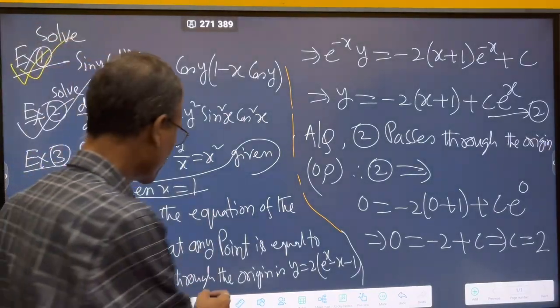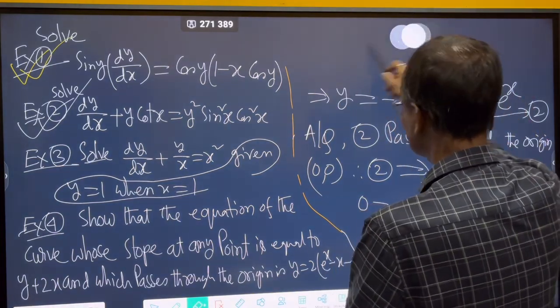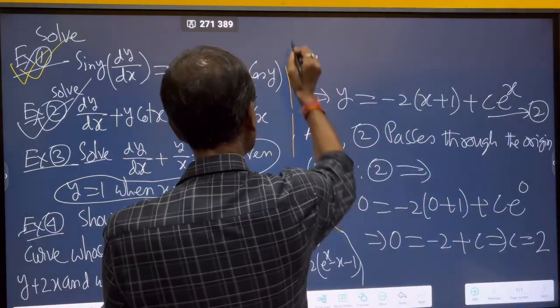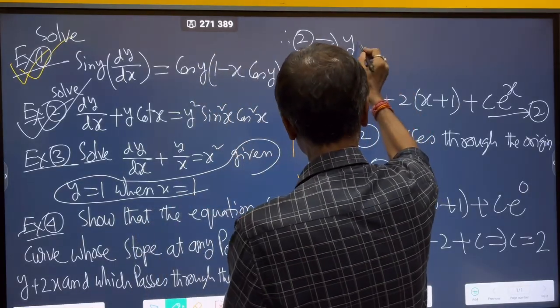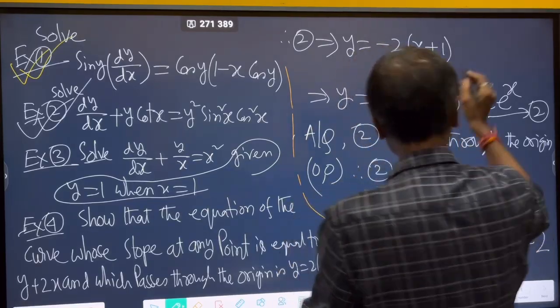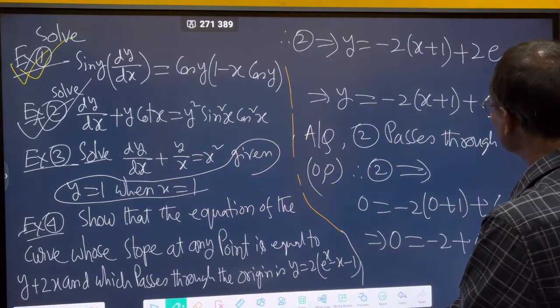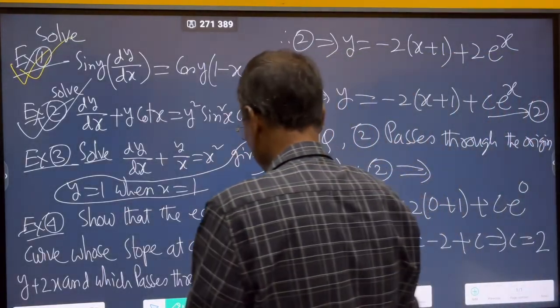Therefore, from 2 you will get y is equal to minus 2 times x plus 1, plus 2 e to the power x.